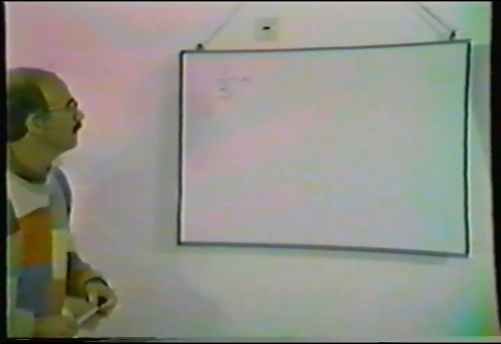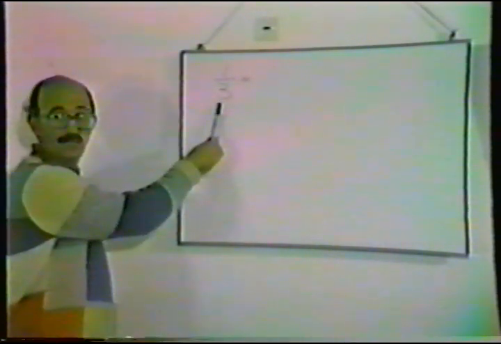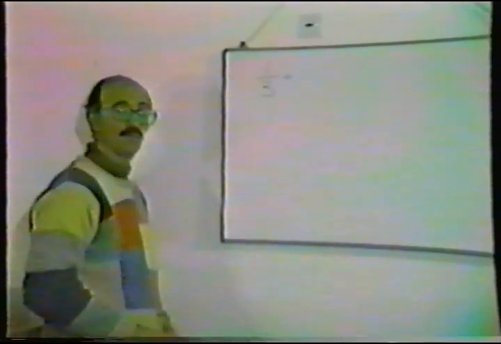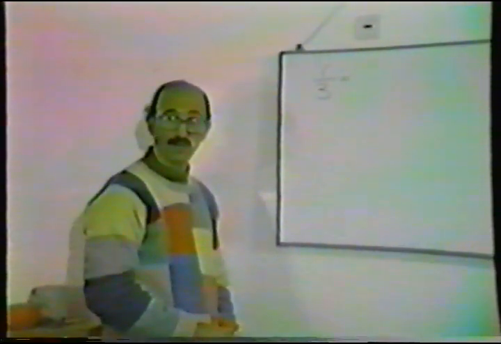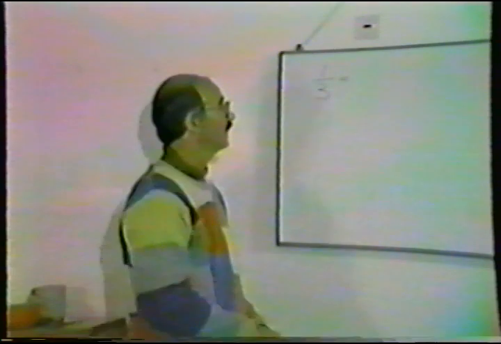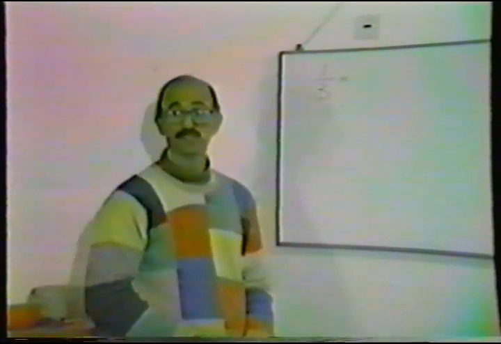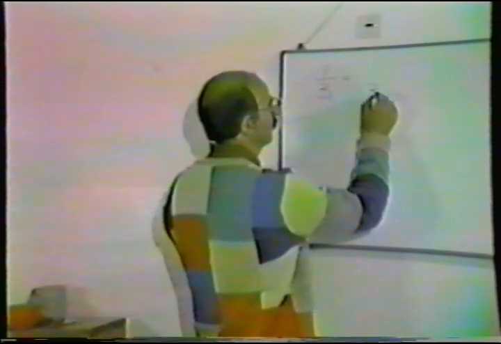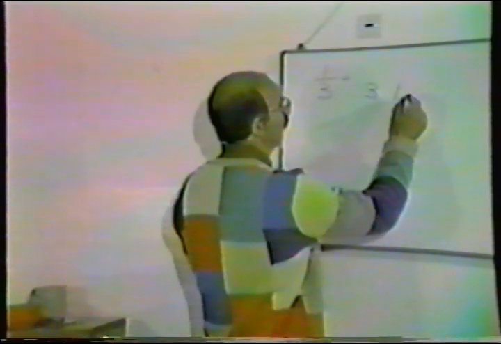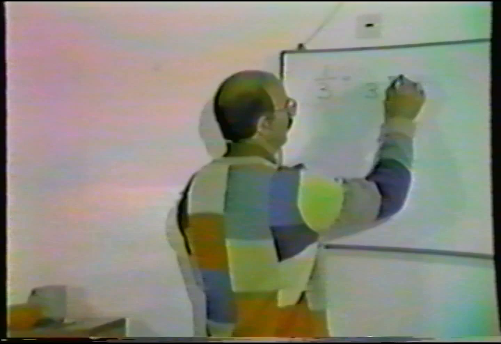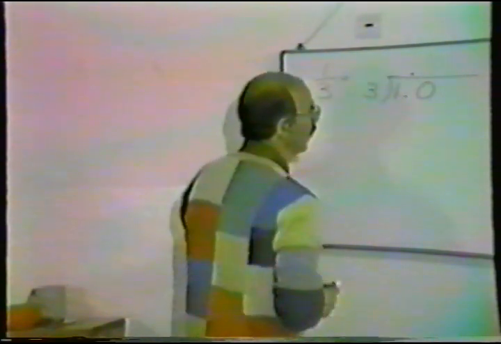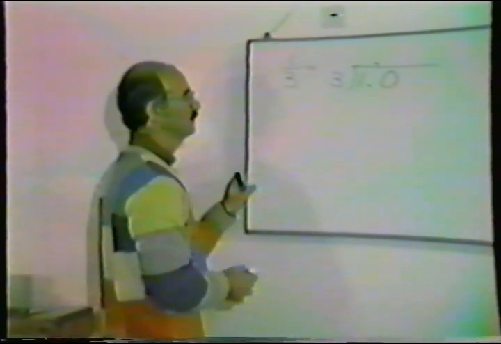Is the bottom number already 10, 100, or 1,000? No. Can we make it 10 or 100? No. Can we reduce it? No. We have to divide 3 into 1. We'll add a 0, bring up our decimal point, and start.